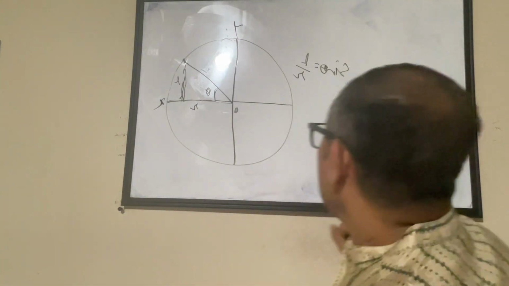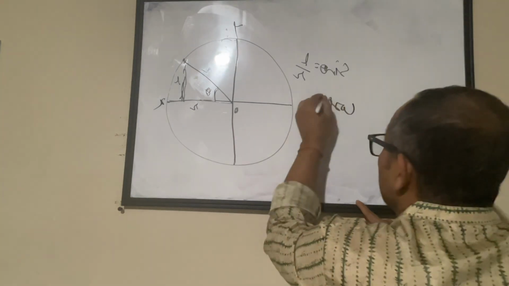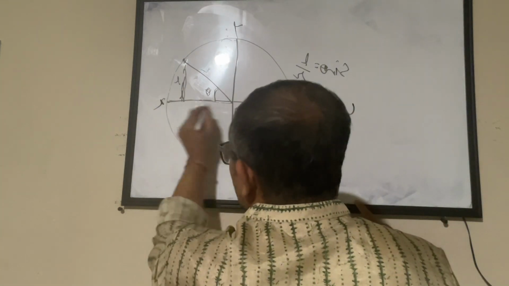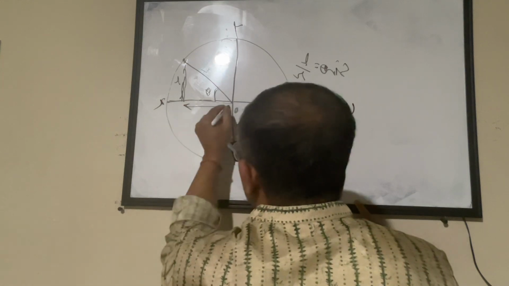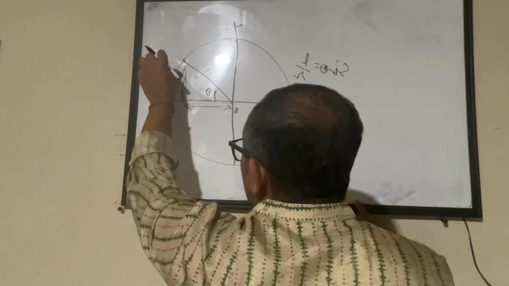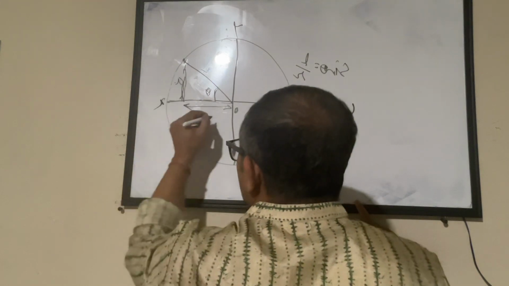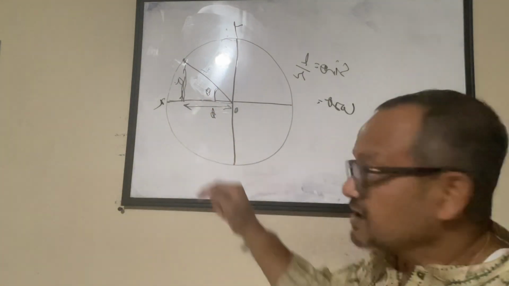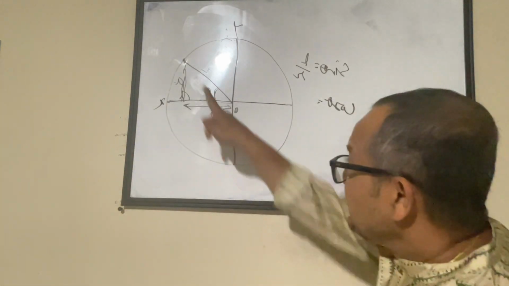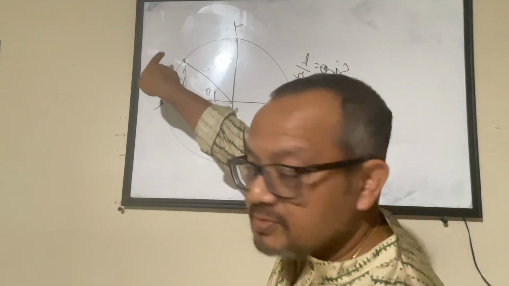Cos theta will be equal to... let's say this is A and this is B, so that we can relate it with the right angle triangle. This is the point on the perimeter, and we are trying to find the coordinates of this point.